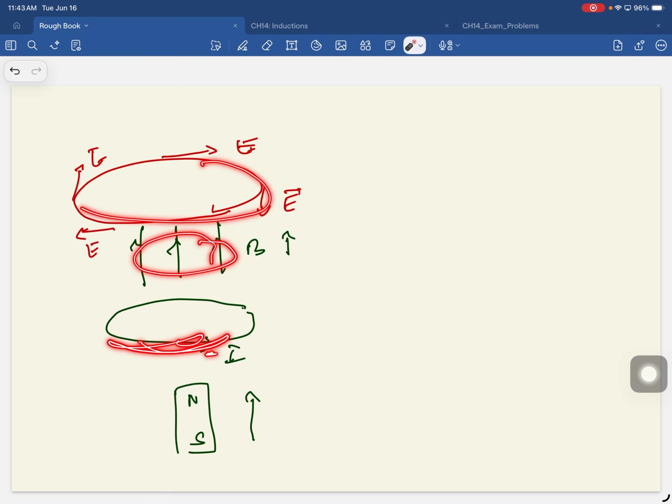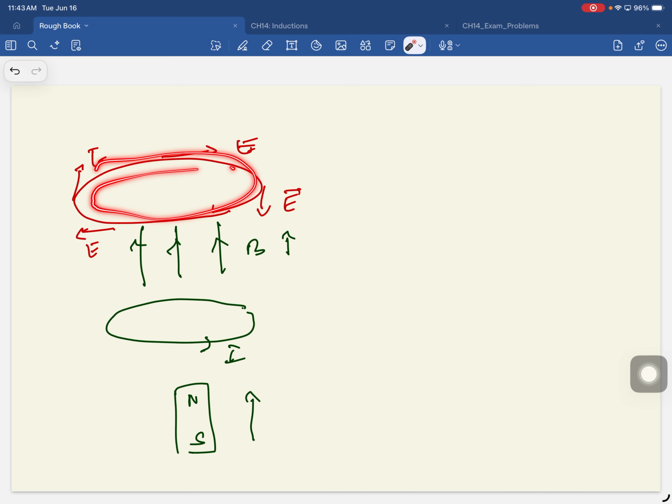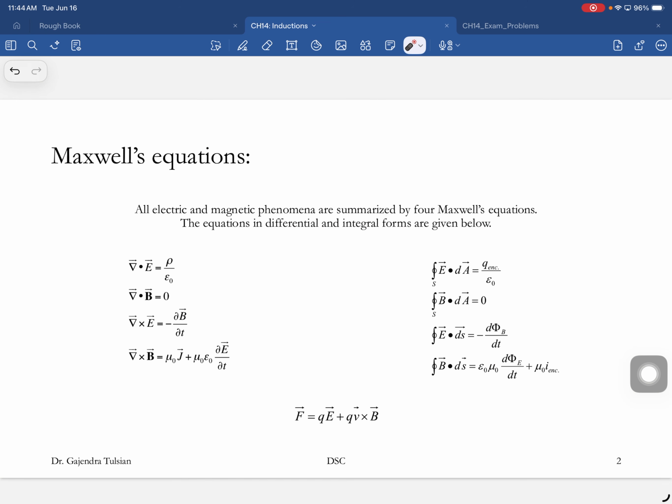You're inducing an electric field here, and you can stick a wire there and you can have a current. This is the principle behind wireless charging. So you're transferring energy from here to there. All right, so that's what this chapter is about, induction.